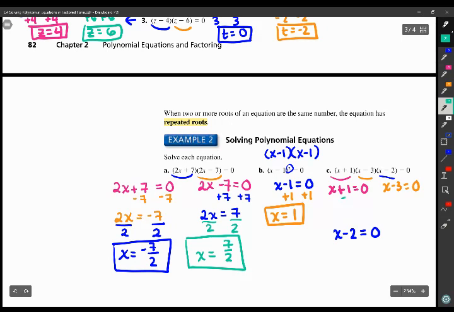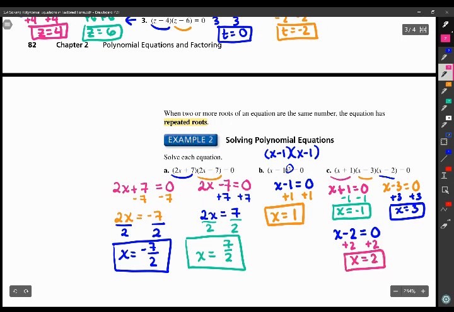So we're going to subtract 1 from both sides to get x is equal to negative 1. We need to make sure that we add 3 to both sides to get x is equal to 3. And then on our last one, we're going to add 2 to both sides to get x is equal to 2. So this one actually ends up with 3 solutions.